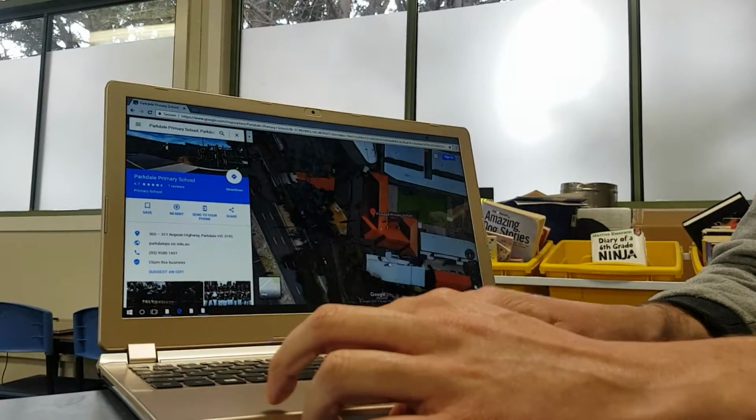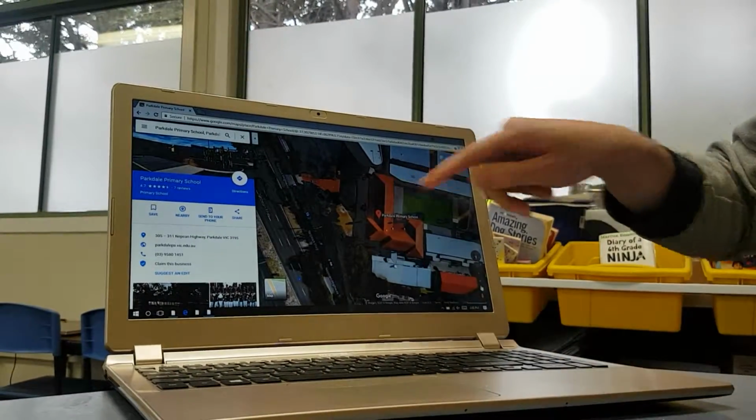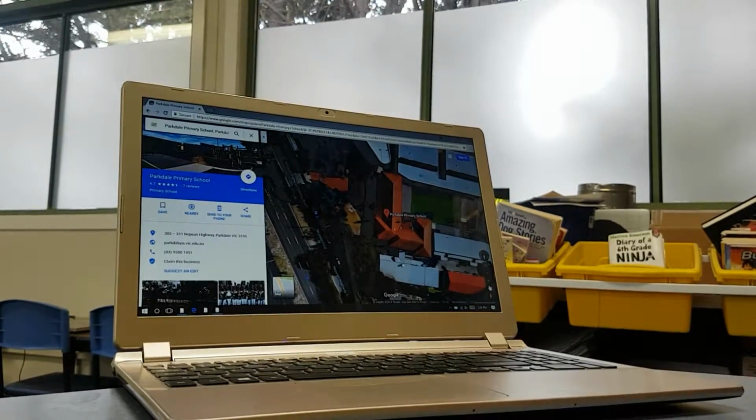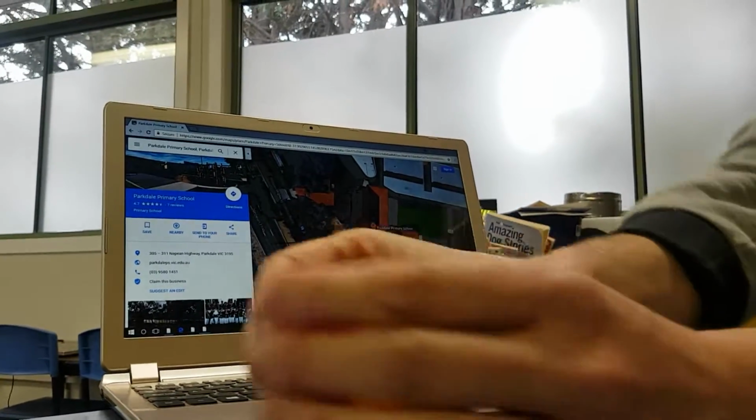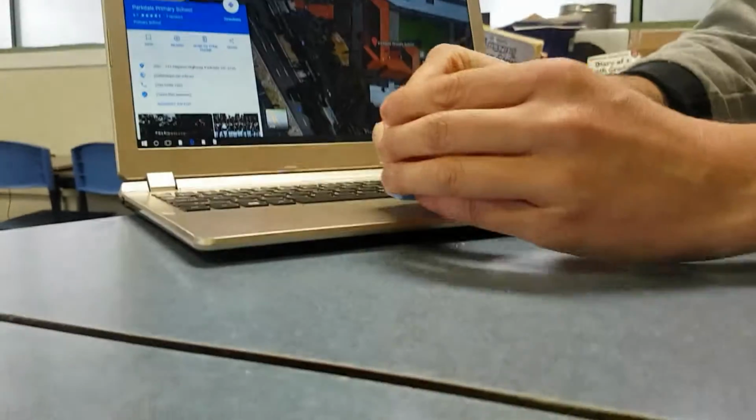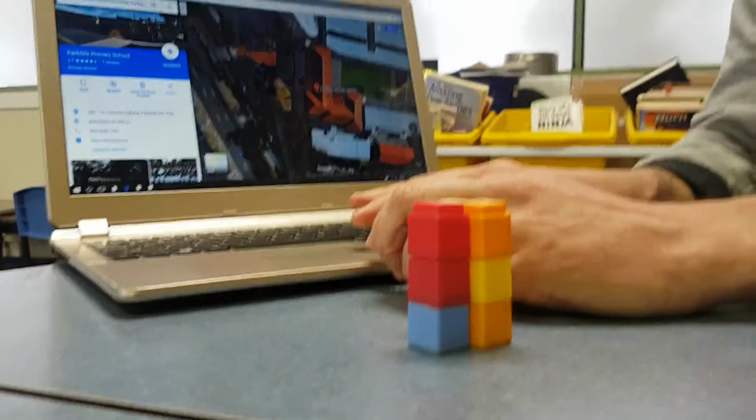So what will that view be of Parkdale Primary School? Top view. So that would be the view like this, is that right? Yep.